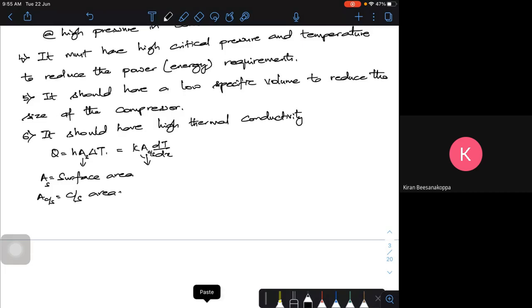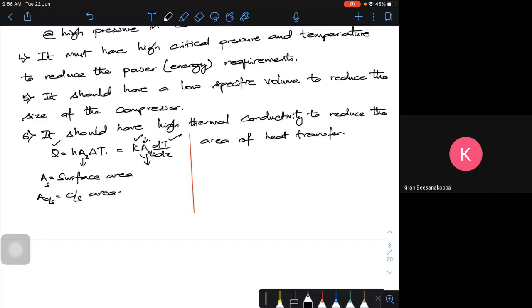For the same temperature gradient, a higher value of K will reduce your A. So it should have high thermal conductivity to reduce the area of heat transfer. Are you getting it? That's why I'm writing some equations which you will study in the heat transfer course.